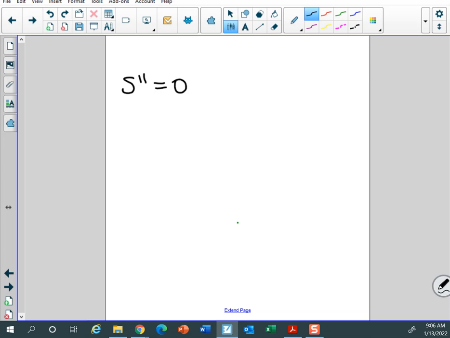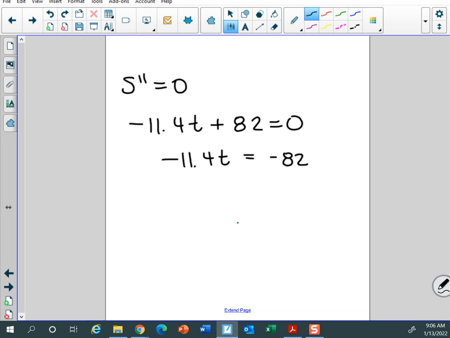I lost that paper. It's over here. Let's make sure I don't mess this up. So negative 11.4t plus 82 equals 0. Not going to be a pretty answer. When I finally divide that, I'm getting t at about 7.913.